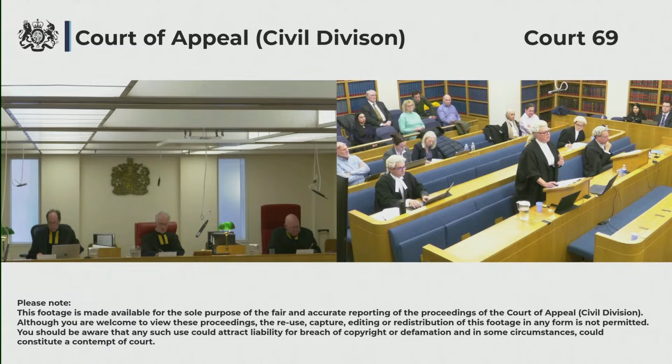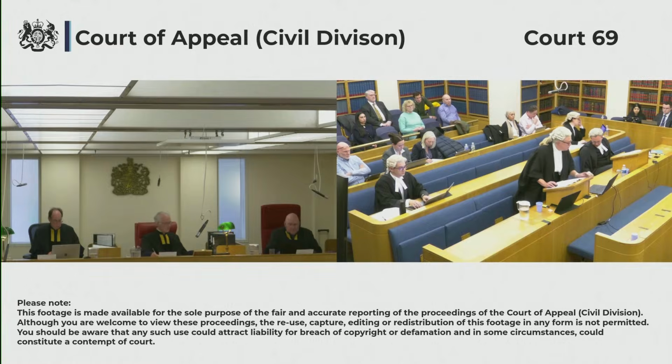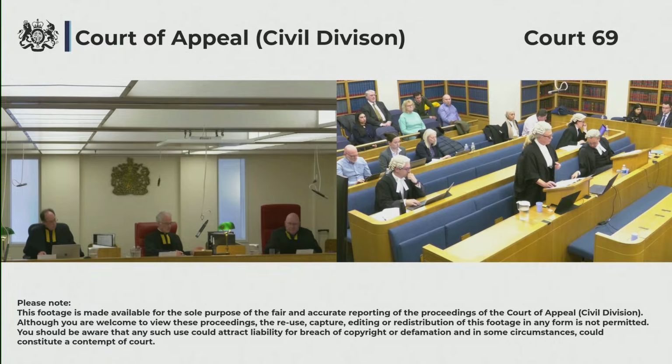Nine claimants have been named, original applicants to the FTT application, which provide a sample of leaseholders and leases. And those leases are helpfully set out in the appellant's skeleton argument at electronic page 22 of the core bundle, and it's paragraph 20.